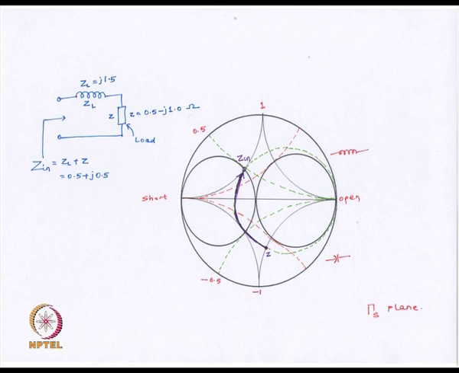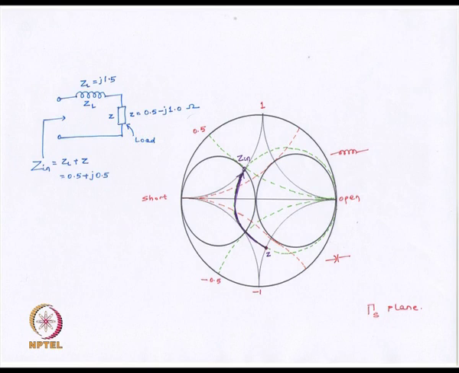So this is our point where we started initially, small z. On connecting a reactance ZL in series, this point traverses a constant resistance circle, since we are not changing the resistance, and it will appear at this point Z.